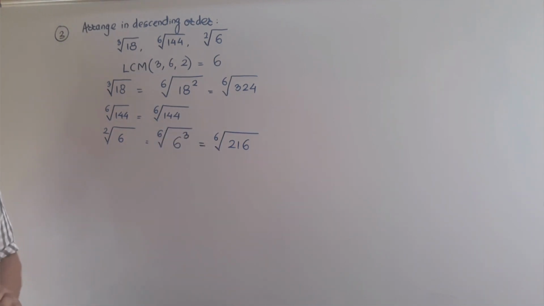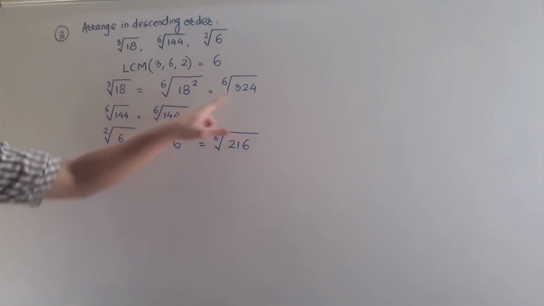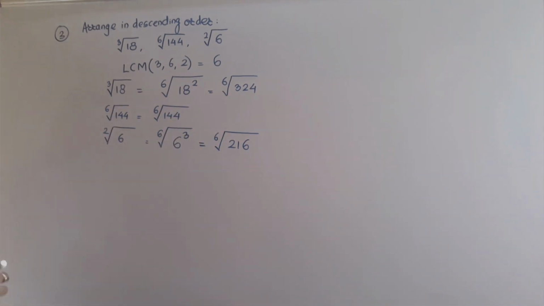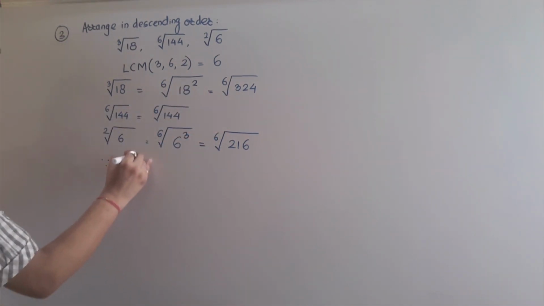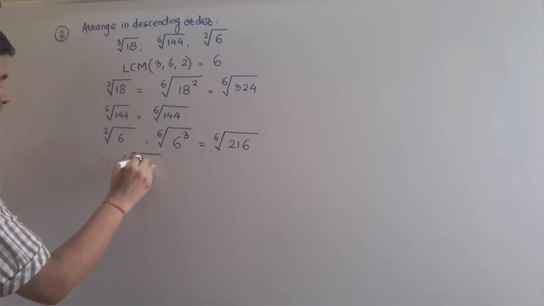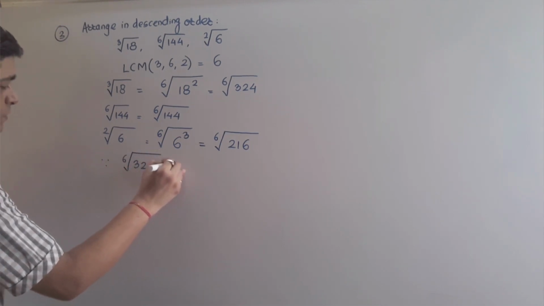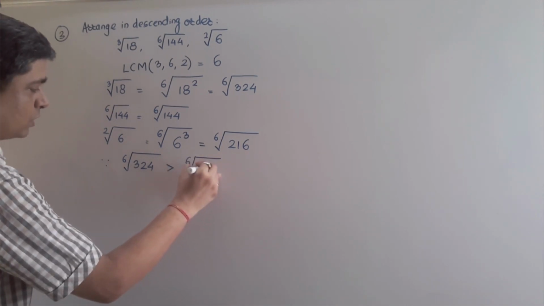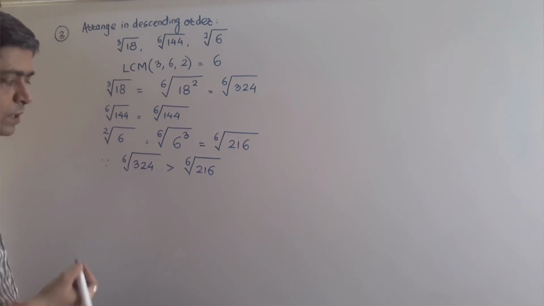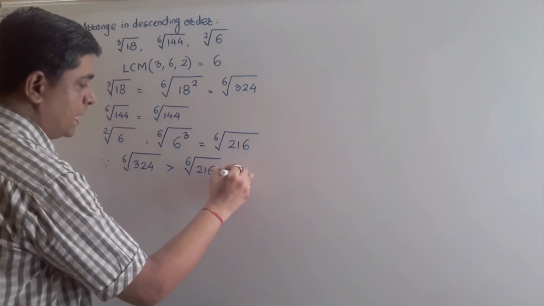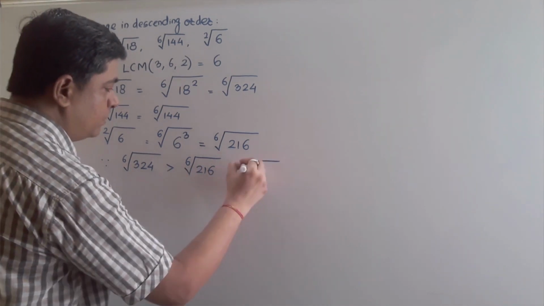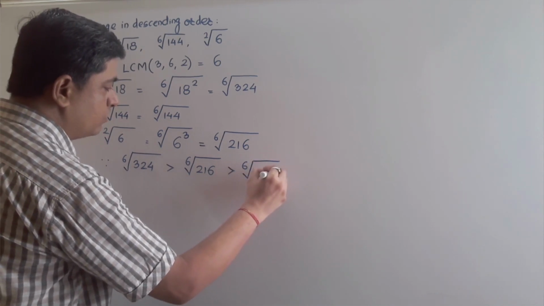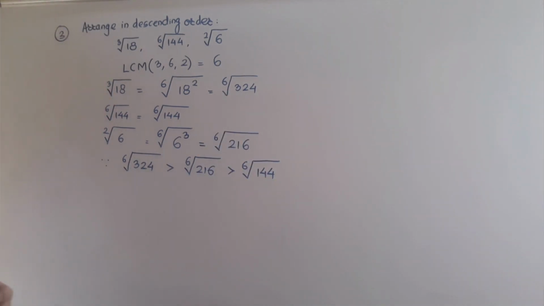Now see, all three terms have the same order, so we can easily compare the terms inside the roots. The biggest one is 324. So 6th root of 324 is more than 6th root of 216, and then the last term is 6th root of 144. We have written them in descending order.